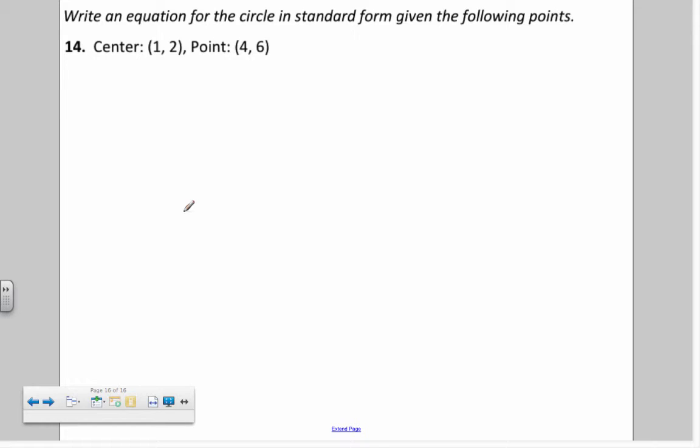Lastly, I want to show you how to write an equation for a circle in standard form, given the following points. I have a center of 1, 2 and a point of 4, 6. So if I think about the equation that we just used before, where we have x minus h squared plus y minus k squared equals r squared, I want to be able to fill in h, k, and r.